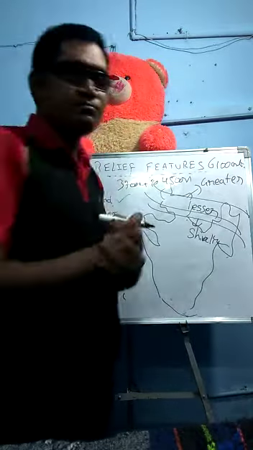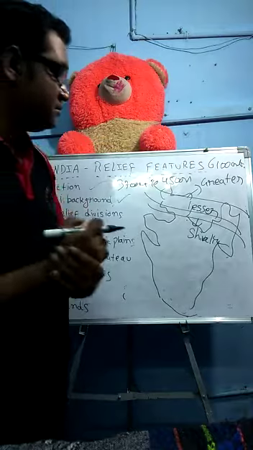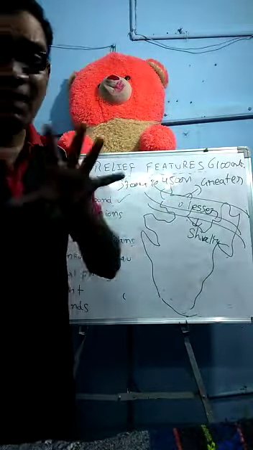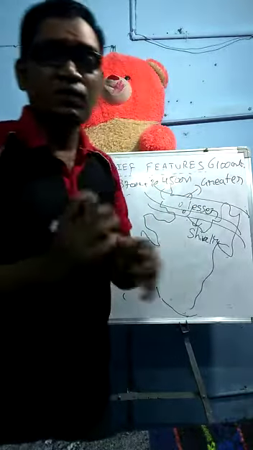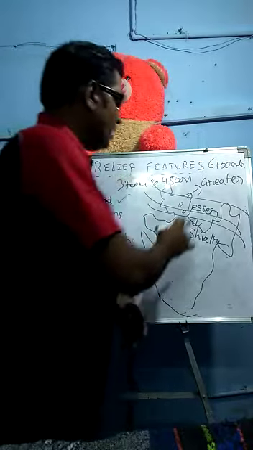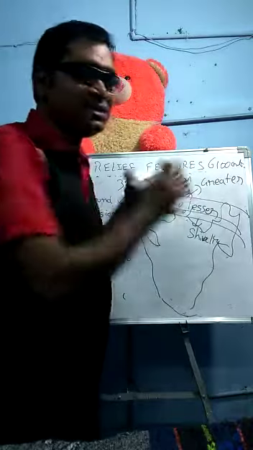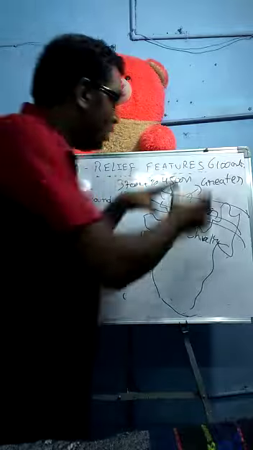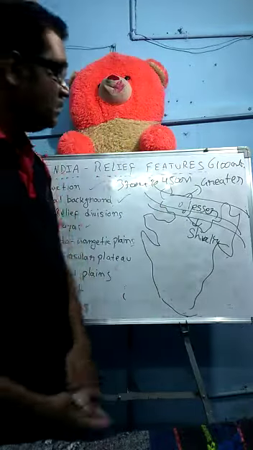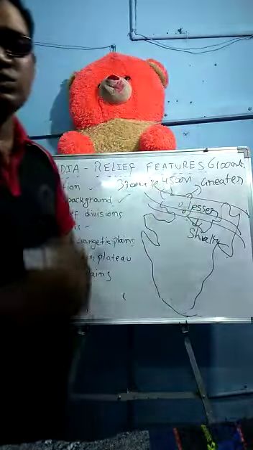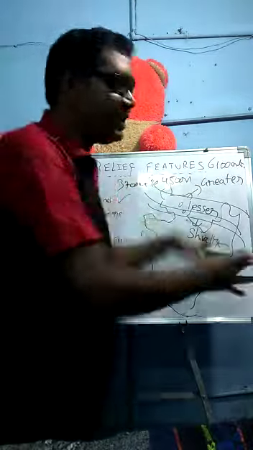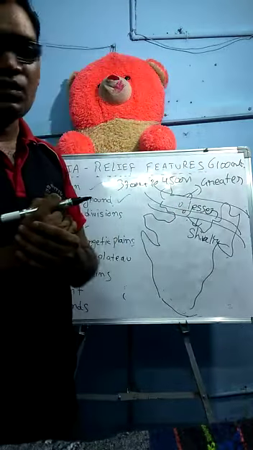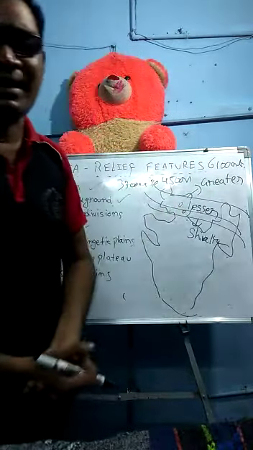Next, the Kashmir valley, and in Himachal Pradesh the Kangra and Kulu valleys. Hill stations are also here: Simla, Mussoorie, Nainital, Ranikhet. Compressed rocks are also here, and these hills are covered with evergreen forest only. Okay, these are the details of the Lesser Himalayas.